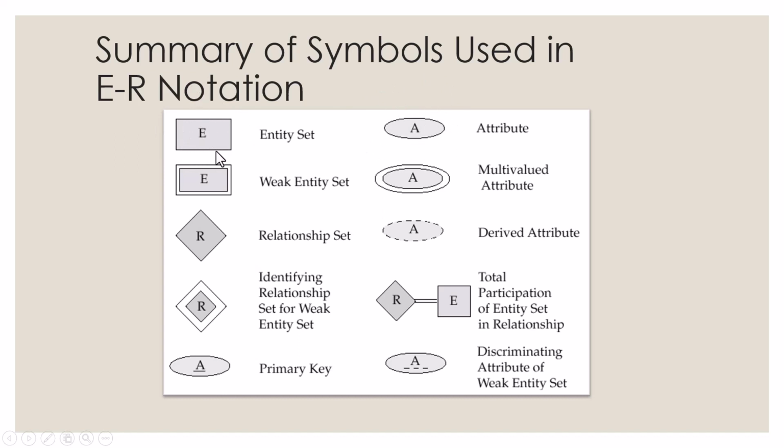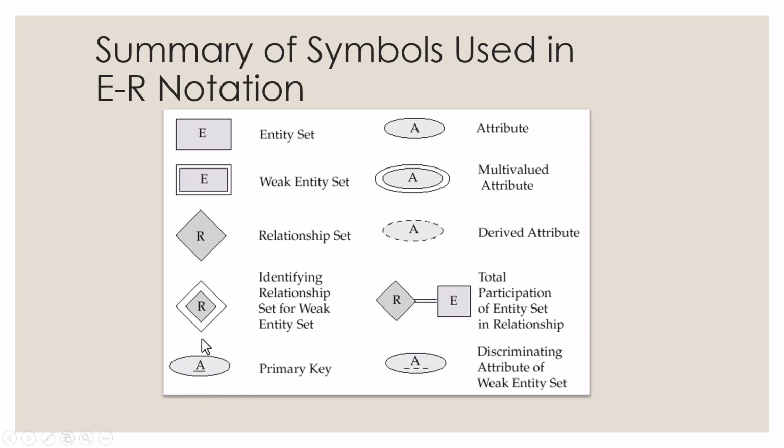Connecting two or more entity sets is our relationship set, and that's going to be a diamond shape. Actually, let's go over the primary key first. Each entity set should have a primary key, and that's indicated using an underline. That means that no two entities in the entity set will have the same value for this attribute. It's going to be unique.